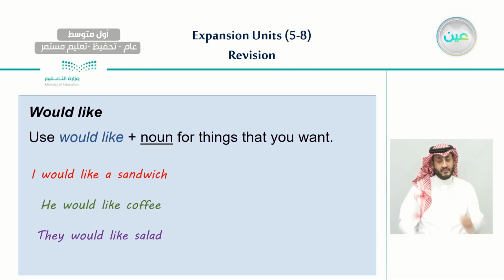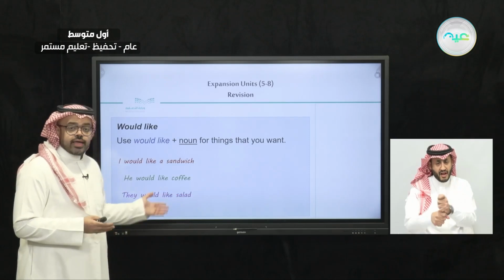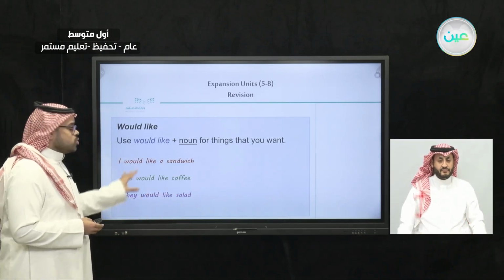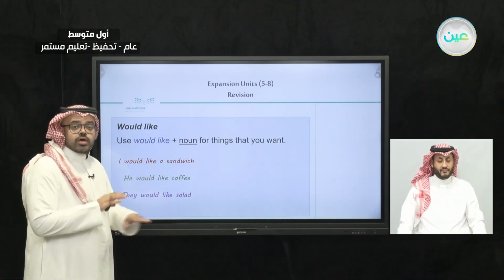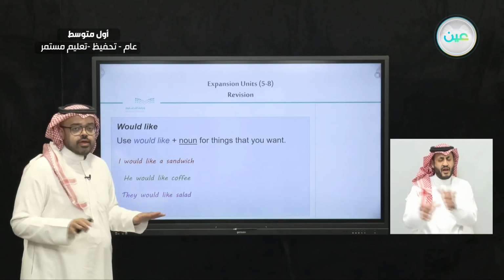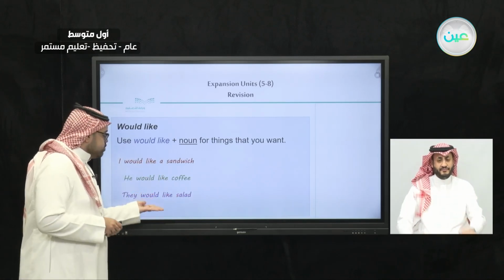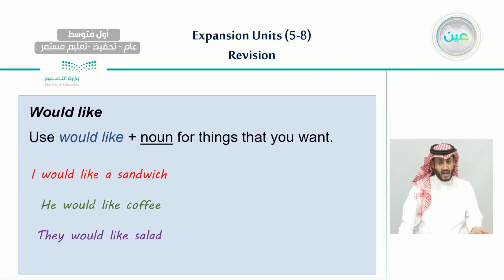He would like coffee. So here, after would like, we have used a noun. And also, they would like salad. Again, with all subjects, we use the same verb without adding or changing anything. And also, what comes after would like is always a noun, not a verb.